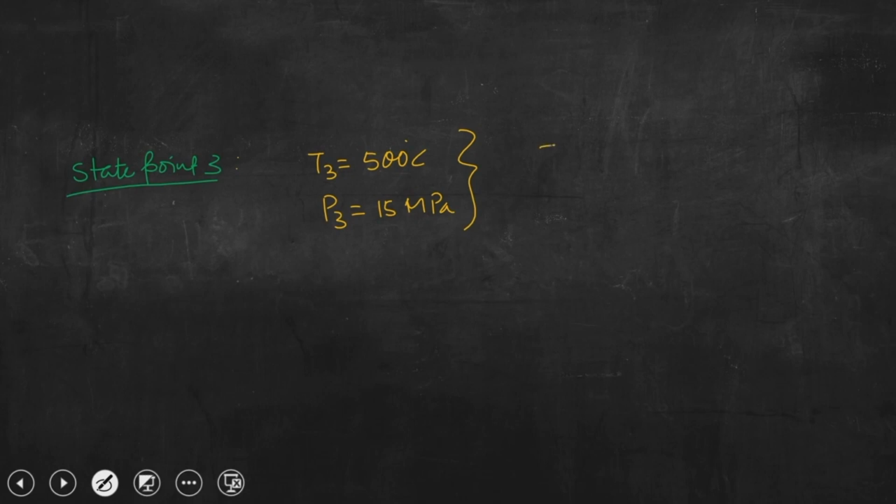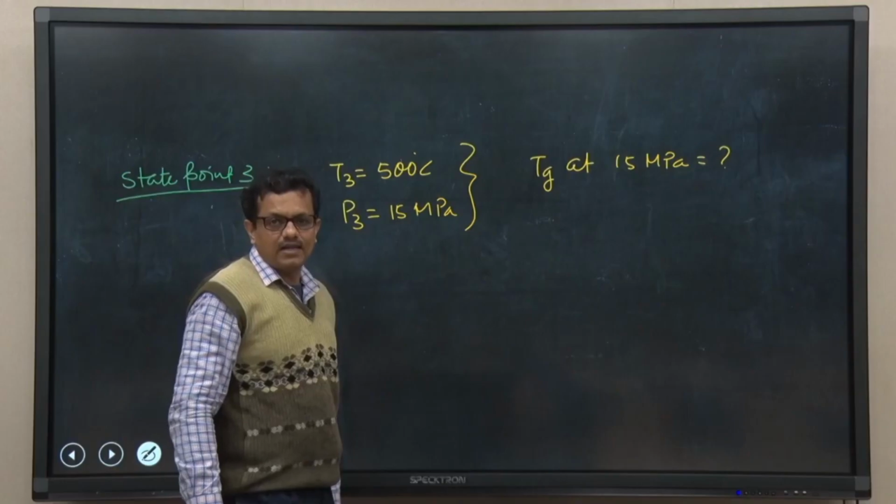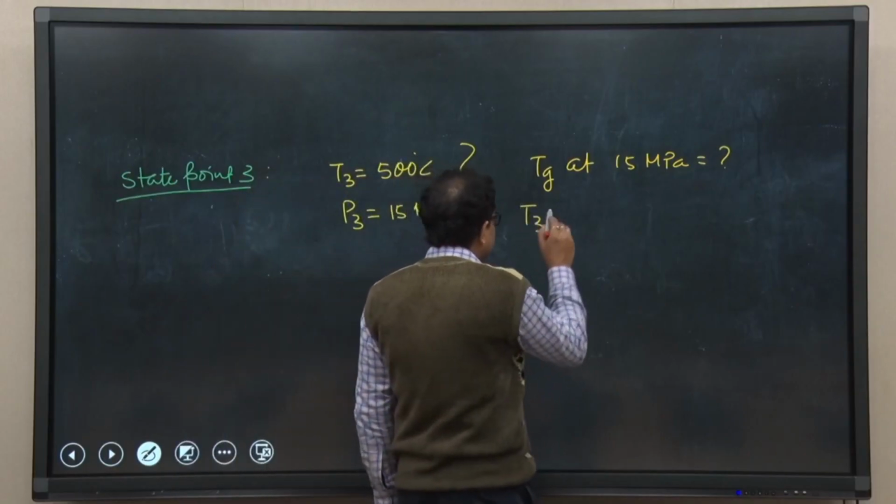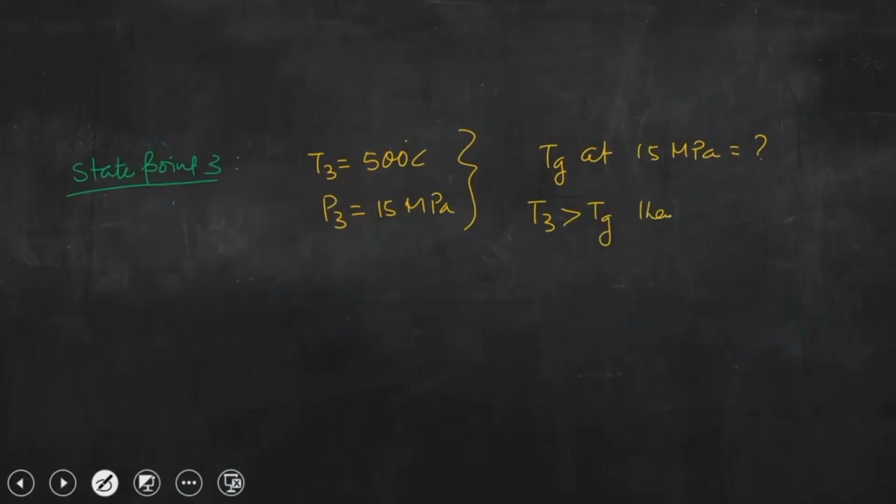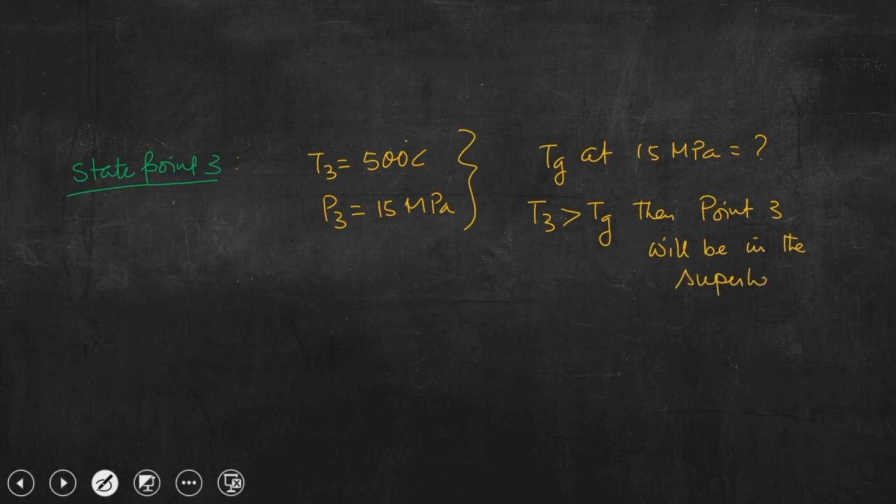So, basically we have to find Tg at 15 megapascal from the steam table. If we find that Tg at 15 megapascal is equal to the given T3, then that point will lie on the saturated vapor line, but if T3 is greater than Tg, then point 3 will be in the superheated regime.